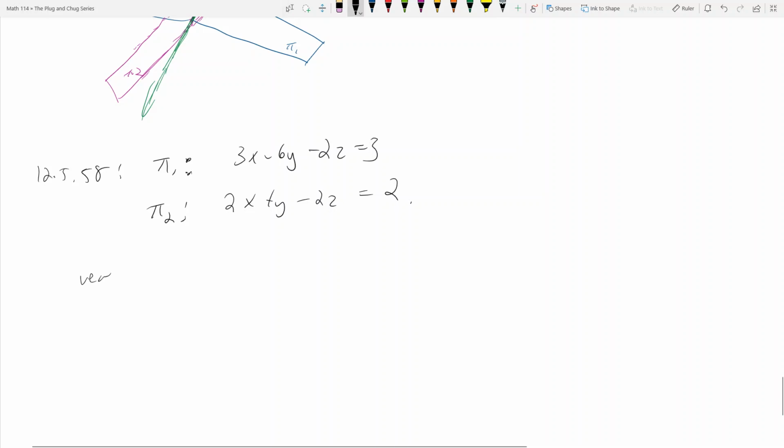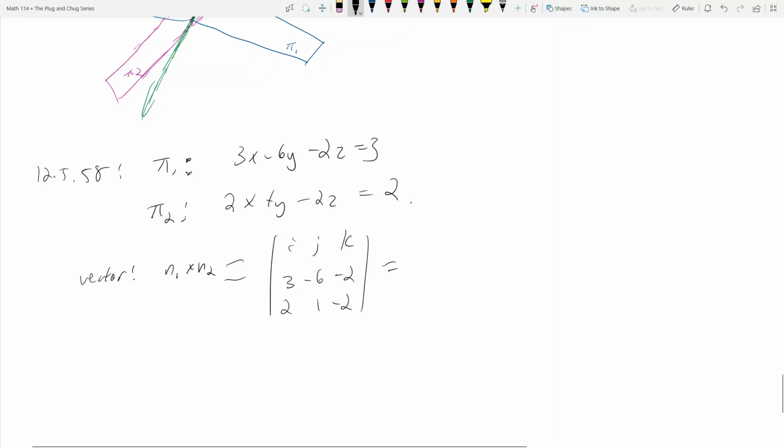So the vector is going to be n1 cross n2, which is i, j, k, and by this point you should be really comfortable with your normals: 3, negative 6, negative 2, 2, 1, negative 2.